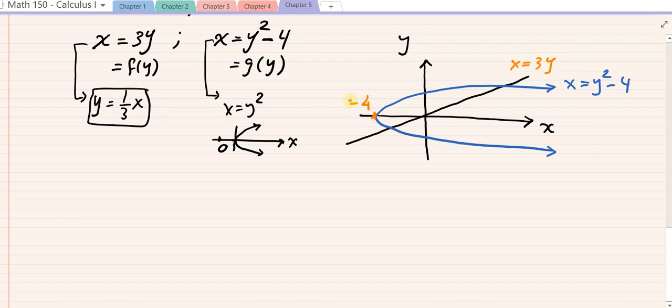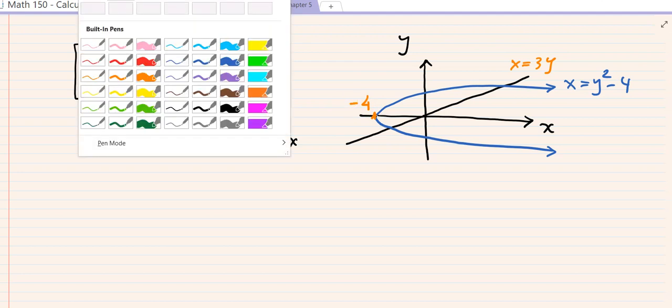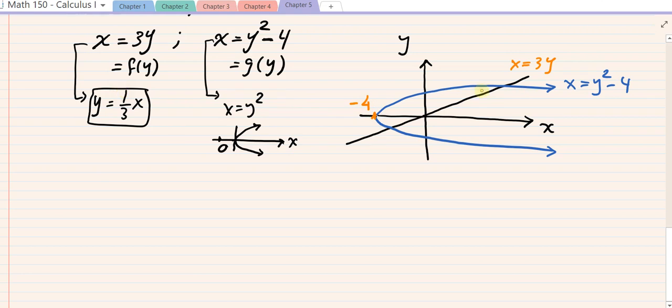Now the region that we are interested in, let me highlight the region. This is the region of our interest. The region must be a bounded region, and that's where the bounding is, right there. Other places, like over here, are open regions. Up here, that's an open region, and so pretty much that's it.